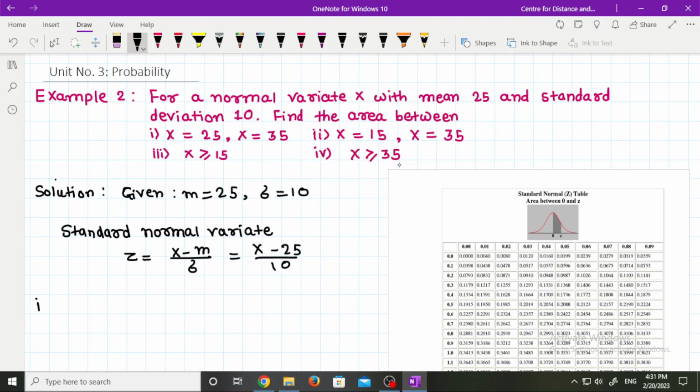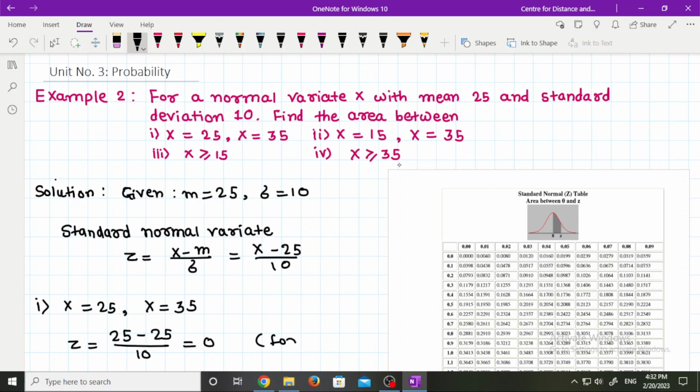Then for first, that is x is equal to 25, x is equal to 35, find out the respective values of z. Then z for the value x is equal to 25: 25 minus 25 divided by 10, which is equal to 0.